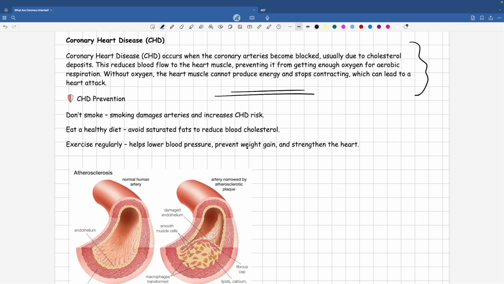Just because you don't smoke, if you are eating a lot of burgers and pizzas, don't think you won't get CHD if you keep consuming saturated fat. And exercise regularly. This has become my routine, almost every day, because it prevents weight gain and also strengthens your heart. So guys, please do exercise properly.